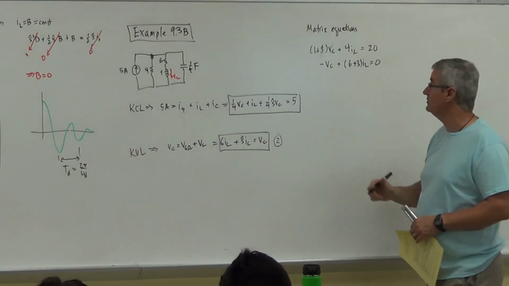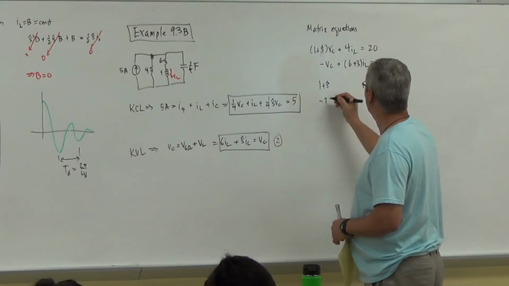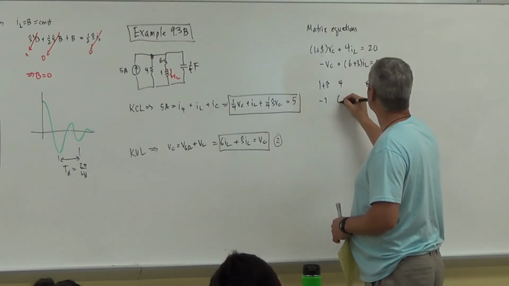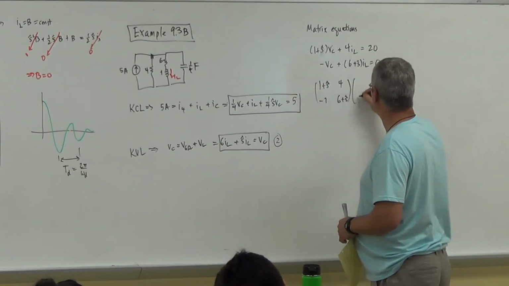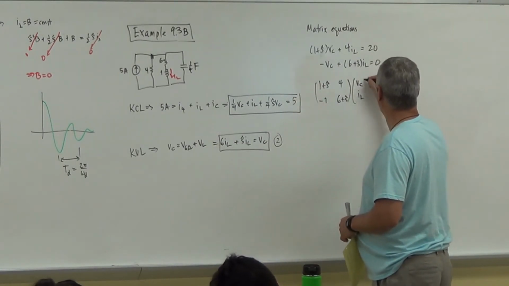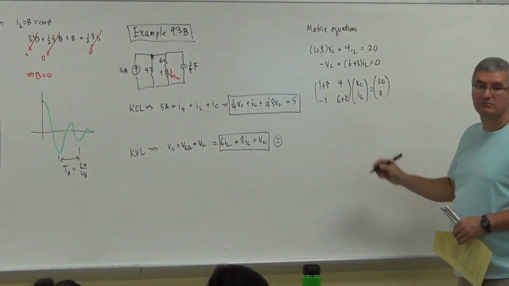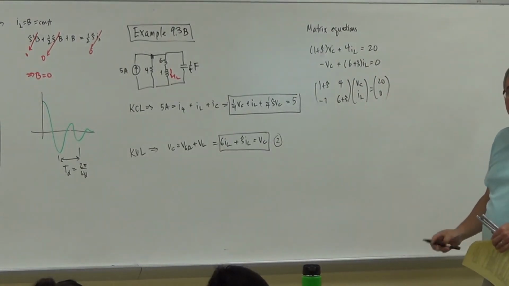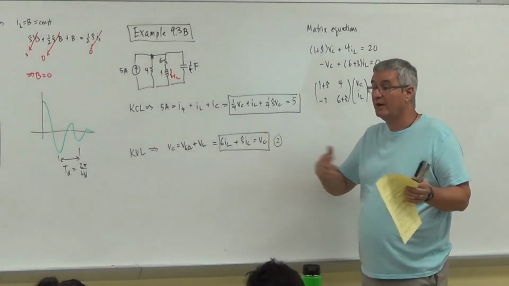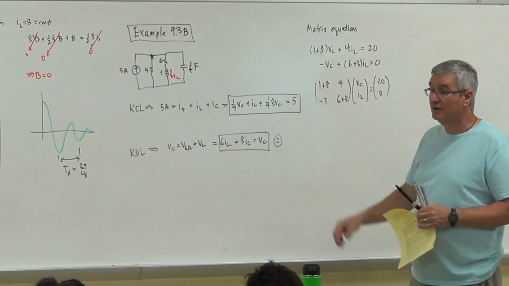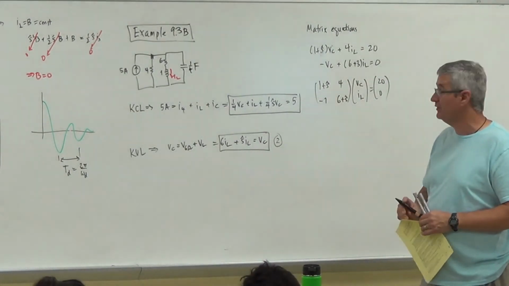It's going to be 1 plus S hat, minus 1, 4, 6 plus S hat. Look at IL now. It's the second variable, not the first variable. So how am I switching? It's just convenience. Could you have done it the other way? Absolutely. Remember, you figure out what works for you.